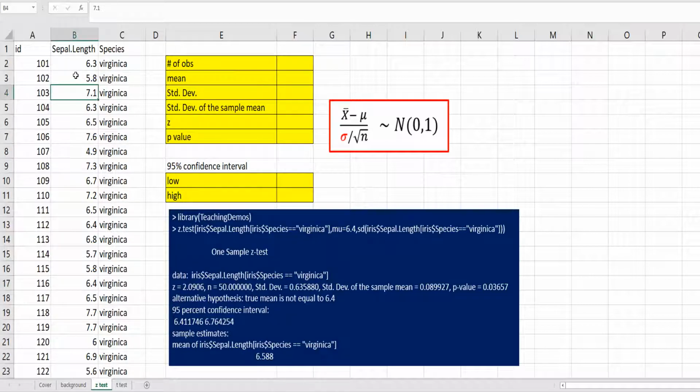So I prepared iris data, species equals virginica.